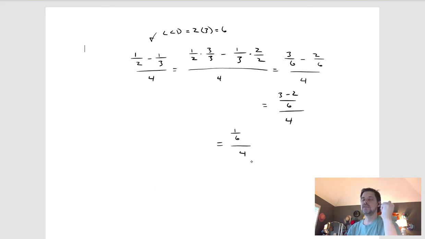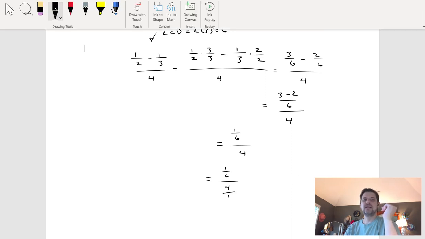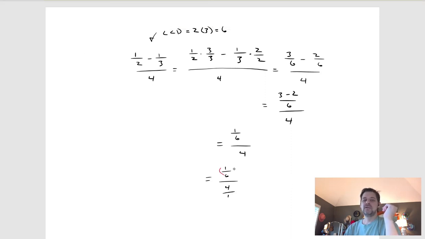All right, what's next? Well, now I'm dividing. What's 1 over 6 divided by 4? The way you divide two fractions is we multiply by the reciprocal. So look at it this way: I have 1 over 6 divided by 4 over 1.